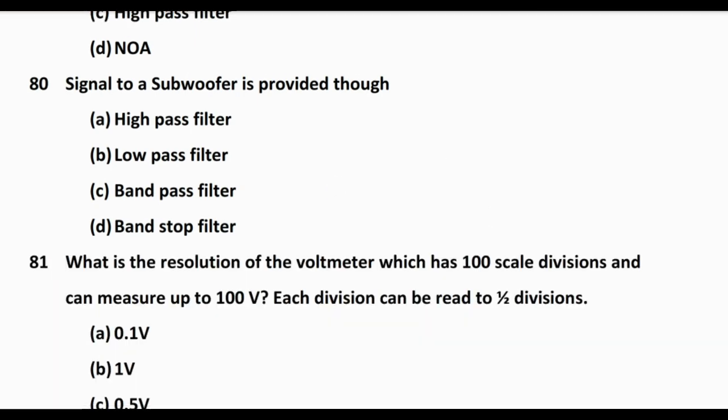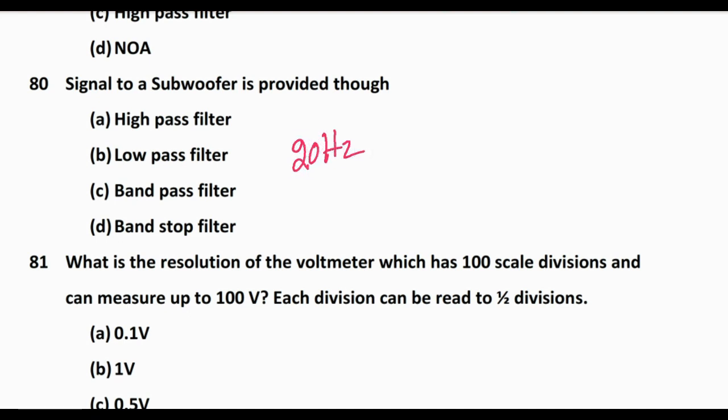So next question is, signal of a subwoofer is provided through. A subwoofer is a loudspeaker which is generally designed for low frequency applications. So in subwoofer, generally the frequency provided is 20.